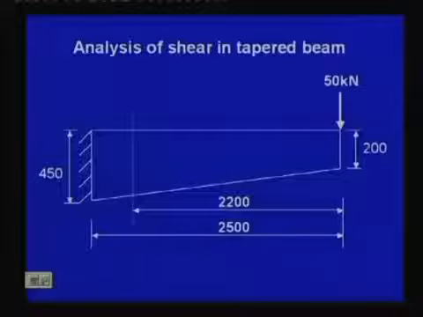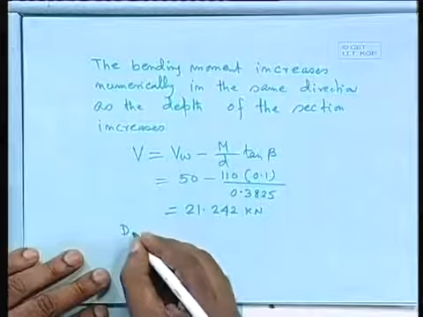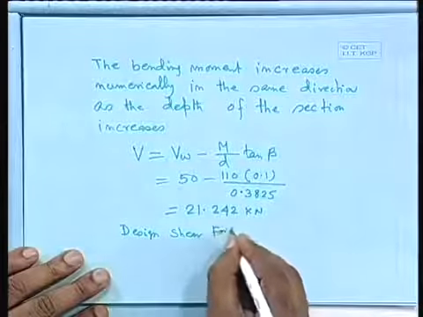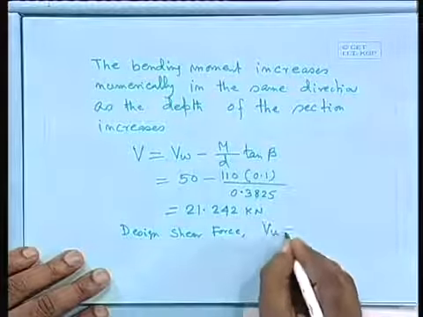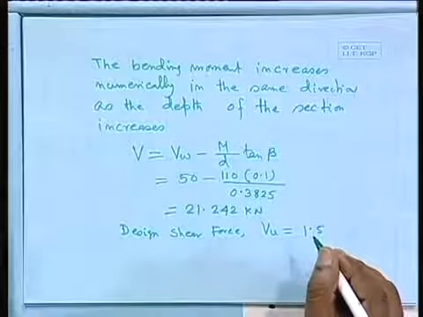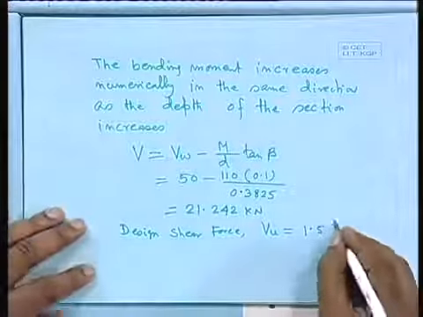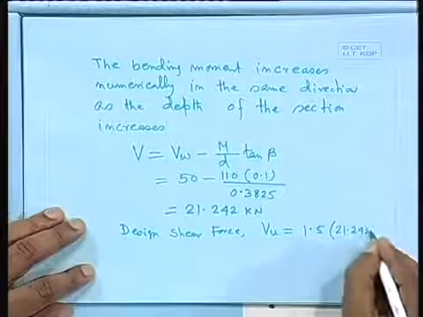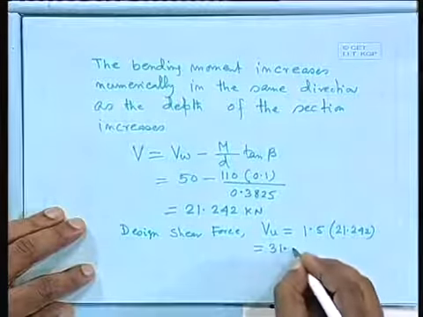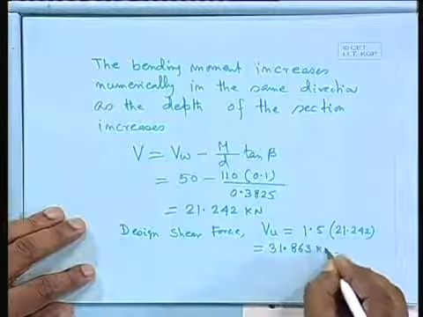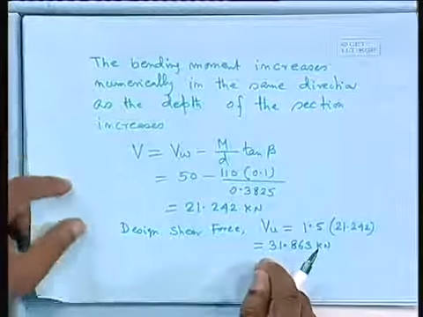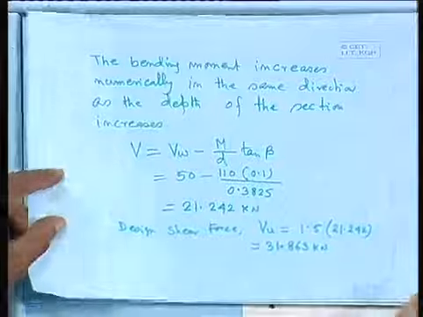So the design shear force VU equals, if nothing is mentioned about wind load or earthquake load, we shall multiply with 1.5 times 21.242, which equals 31.863 kilonewton. So this is your design shear force VU, which equals 31.863 kilonewton.